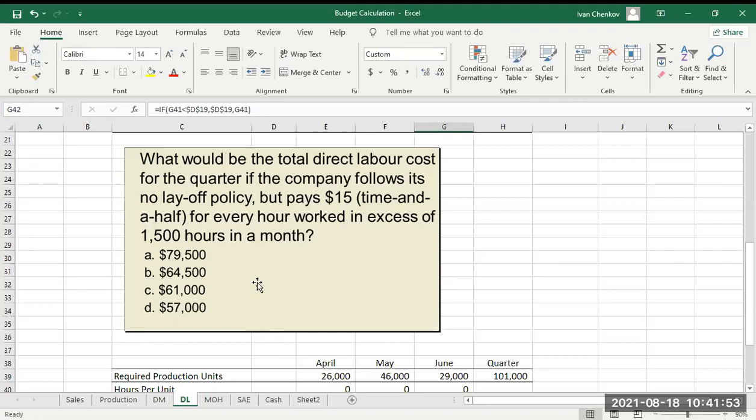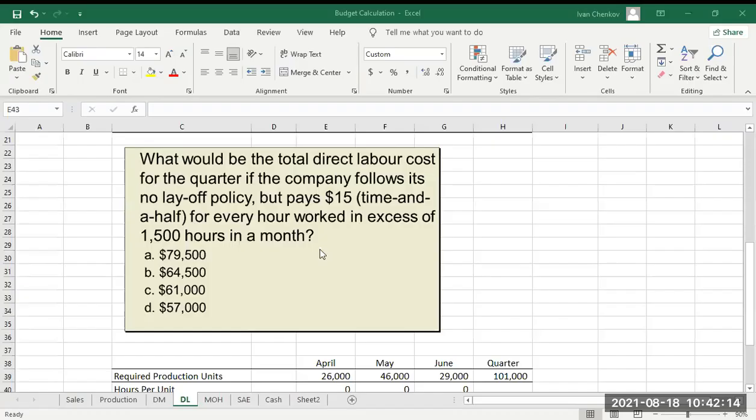But for all the hours that they're working over 1,500, sorry, I'm confused. Let's read it again. They're paying $15, or time and a half, for every hour worked in excess of 1,500.